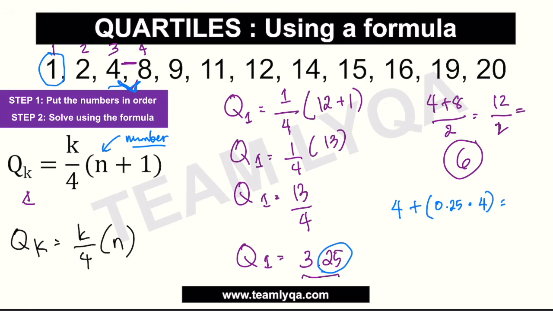Tapos yun yung lalabas na sagot. Okay, so you have 4 plus 0.25 times 4, that is 1, is equal to 5. Alright? Now again, depende yan sa professor ninyo kung ano yung hinahanap niyang sagot. Okay? Kung i-average lang ba diretso o may ganito.